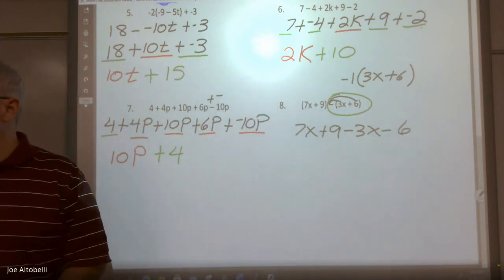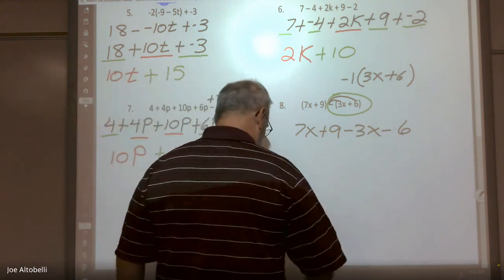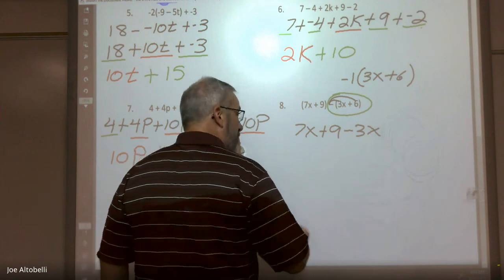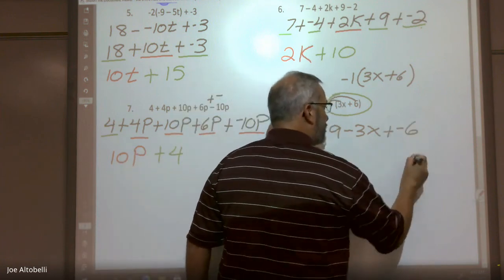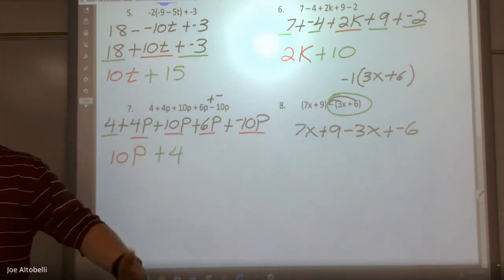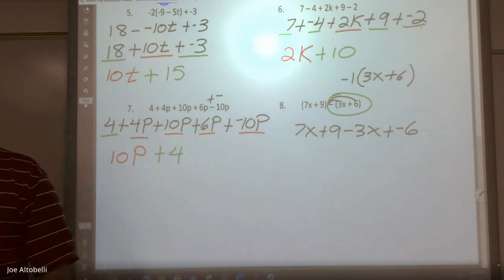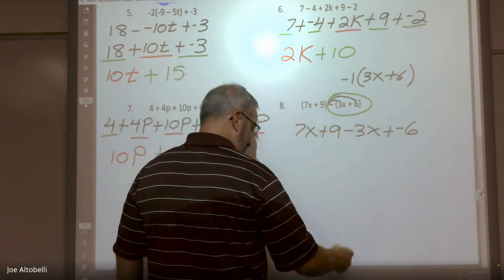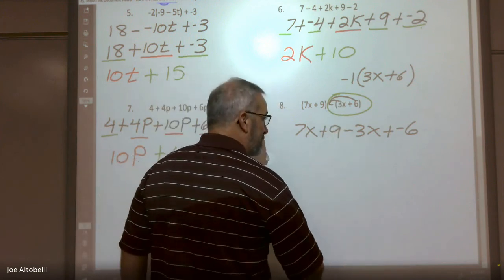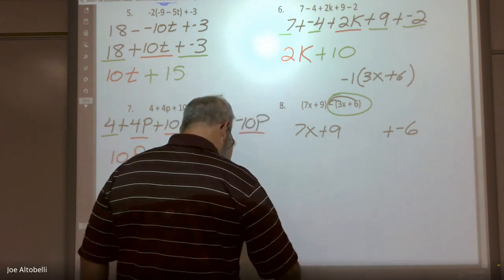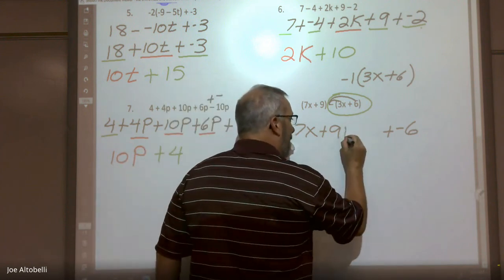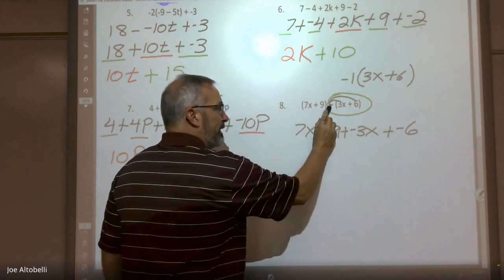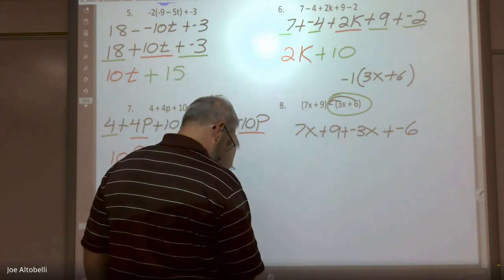Okay, you can do it the other way. You can have plus a -6 there. When you do the negative here with the 3x, instead of writing minus 3x, the same thing is adding a negative 3x. Okay, we're just carrying this subtraction through.